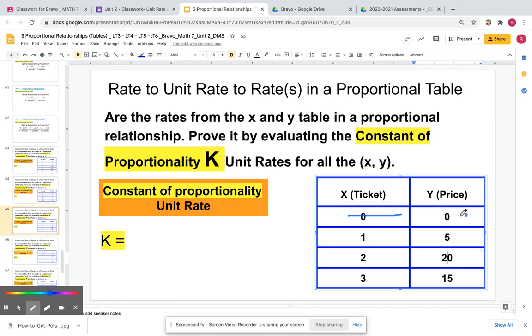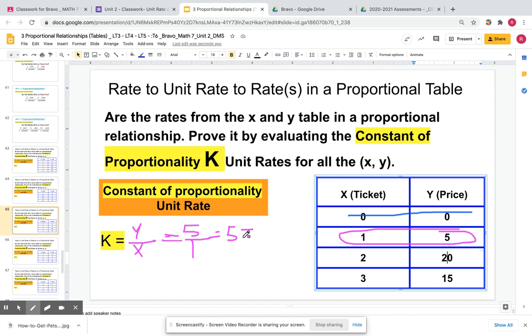Remember, you always ignore 0, 0. You go straight to the first pair that you see. Remember, k is equal to y over x. So the first pair of points is 5 over 1. Is this a unit rate? It definitely is, but if you don't believe me, just plug it in your calculator. You get the number 5, and then you can rewrite it as 5 over 1.